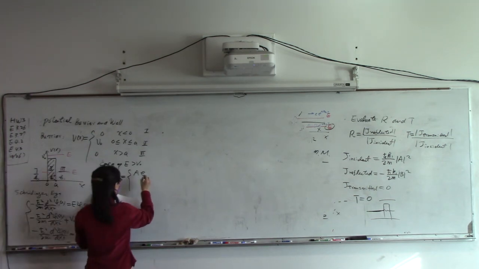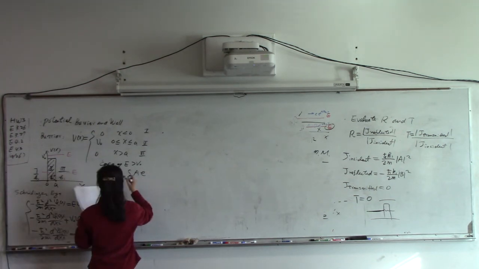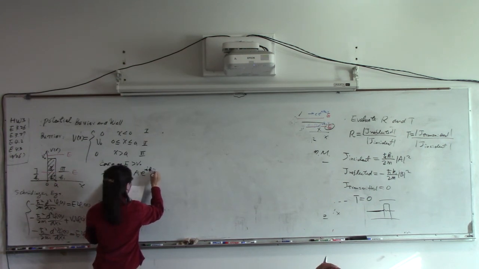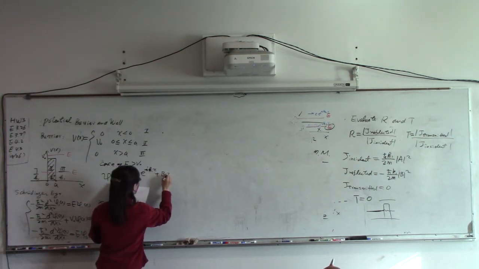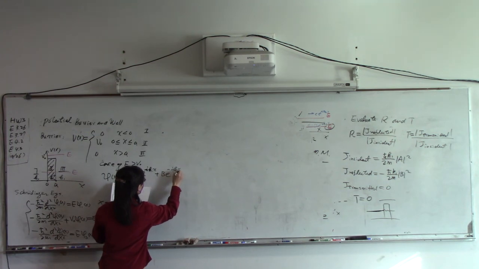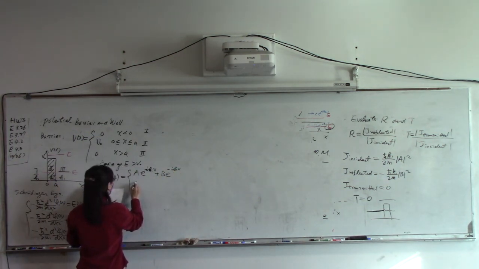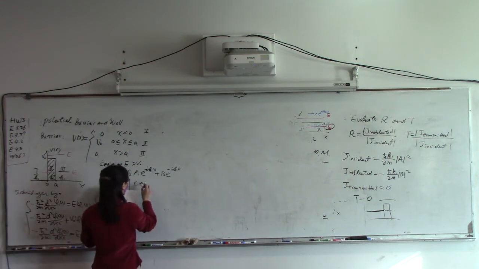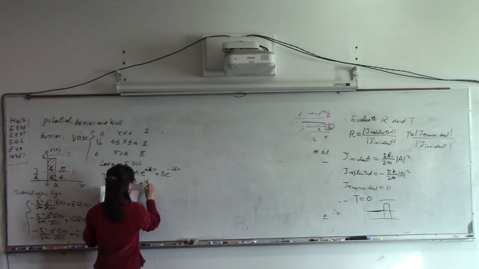So in region 1, the wave function is a combination of incident and reflected: A e^(iK1x) plus B e^(-iK1x). Then region 2 is again here. If we have incident and reflected, here we also have incident and reflected, because here the energy is still higher. In this case, since this is finite, we have to consider both.